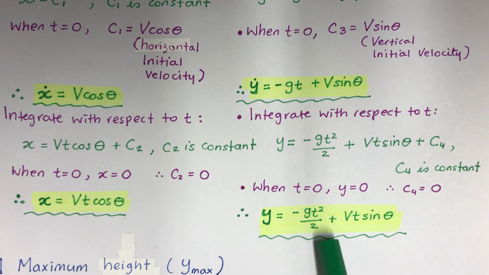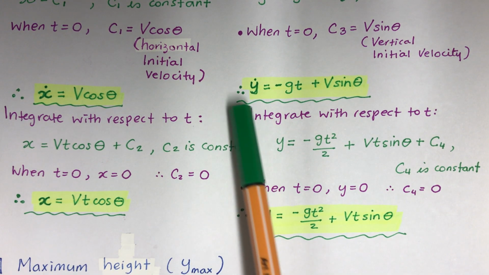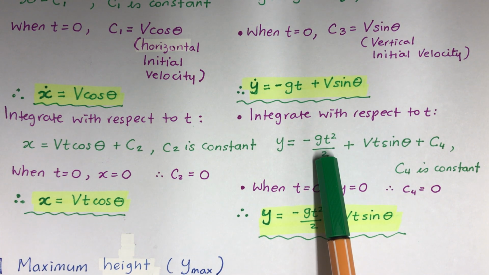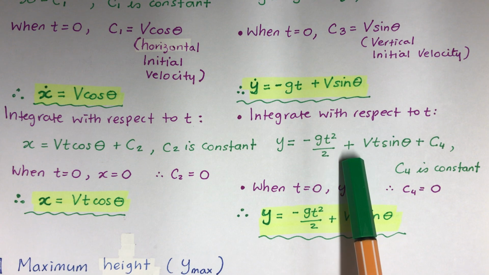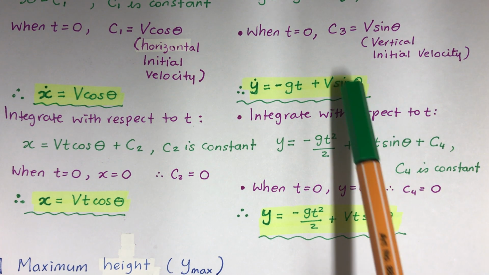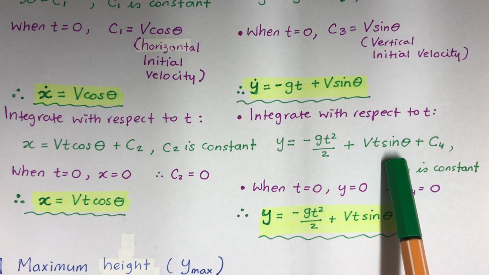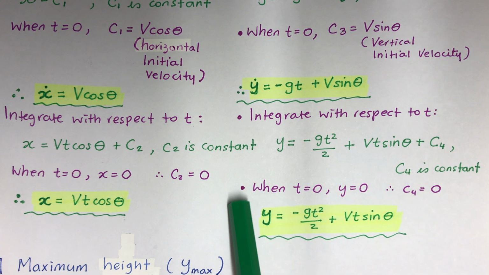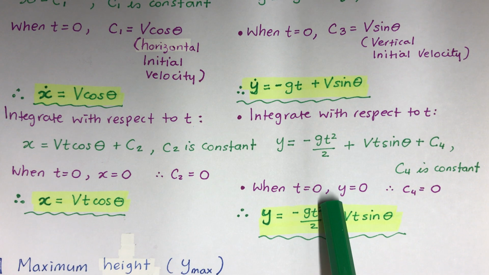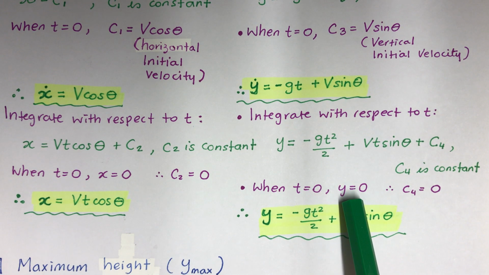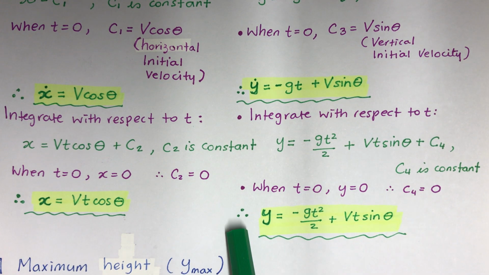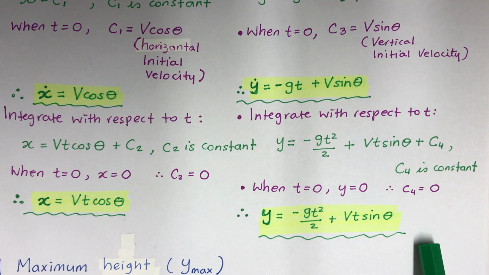Now we're going to integrate that again so we can get y, and it'll be y equals minus gt squared over 2, because it's with respect to t, plus vt sine theta, where sine theta doesn't change because it's constant, plus c4. c4 is also constant. When t equals 0, y is also 0 at the start, therefore the constant c4 is 0. So you will get the vertical displacement formula expression like this.